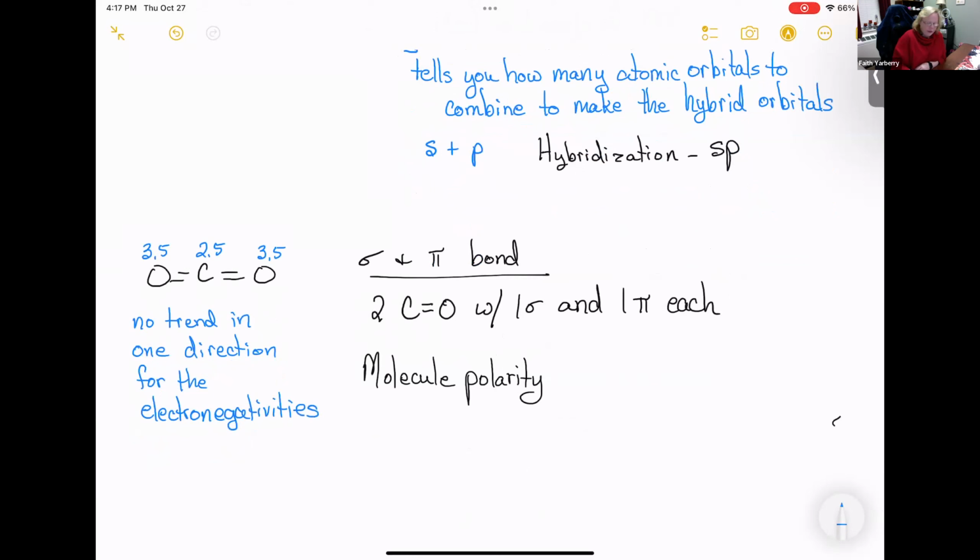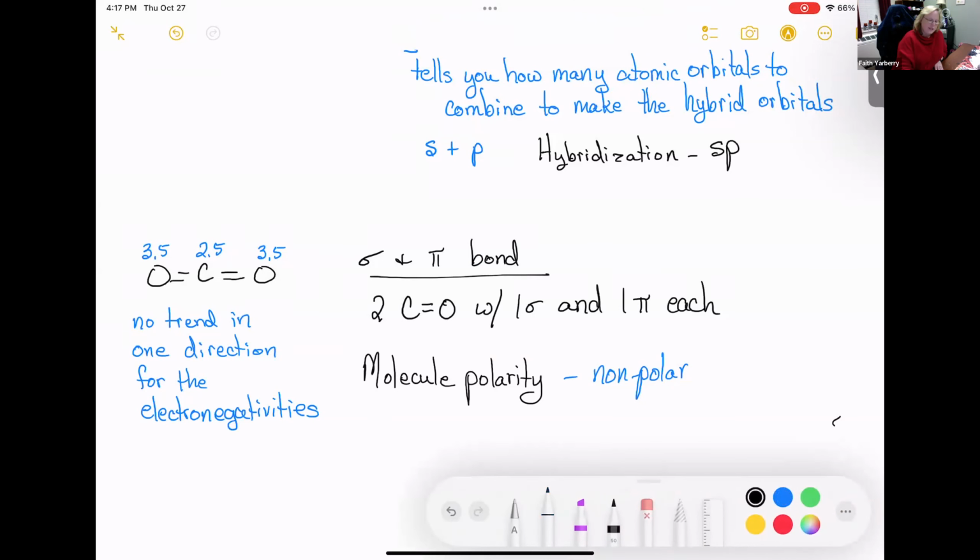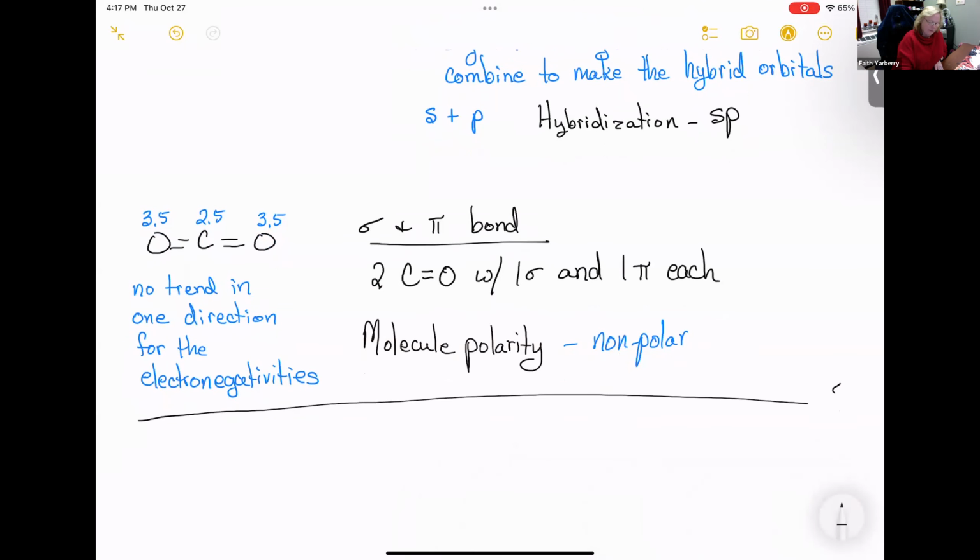So this molecule is nonpolar. Questions about that particular one?